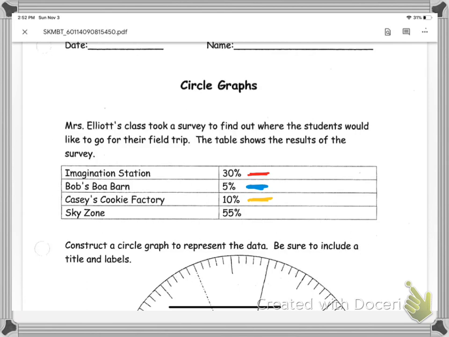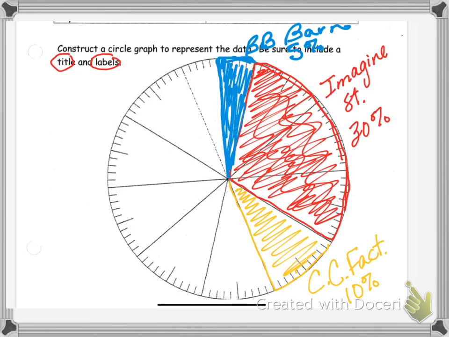And the last one has us with Sky Zone, and let's go green, it shows 55% of the votes. So going back, since that's the last category, then all of the white space should add up to 55%. Just going to double check that. So here's one big pie piece, that's 10, 20, 30, 40, 50, and then we still have half of that other pie piece, which would be 55.